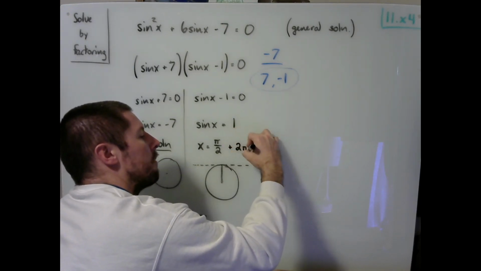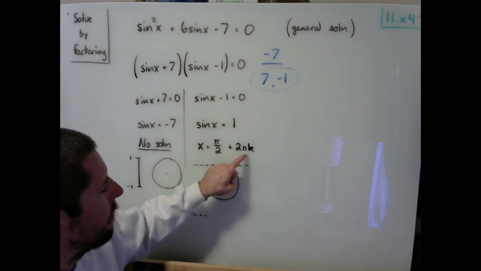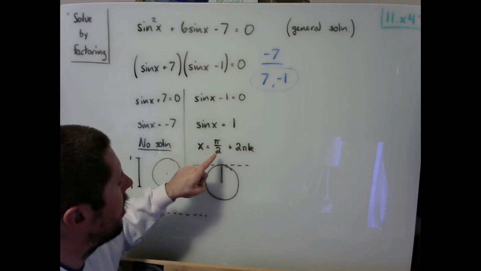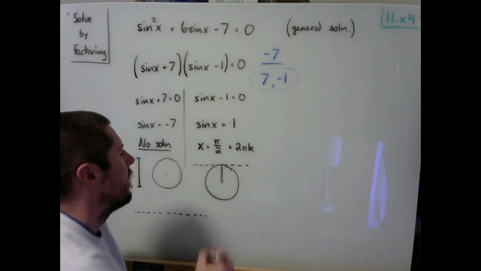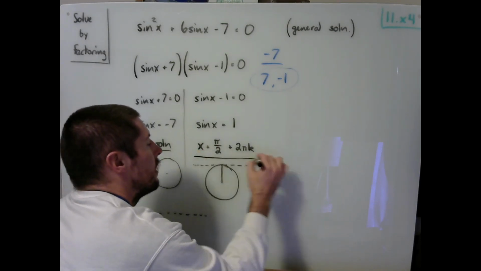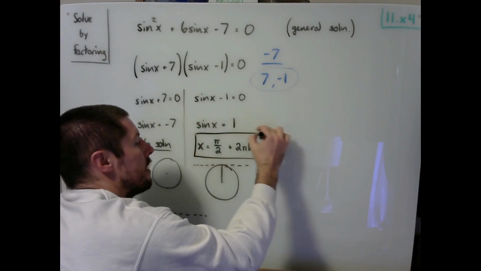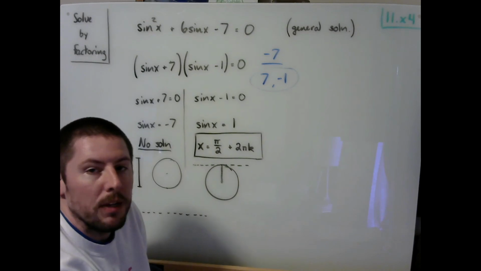We're just going to stick on a plus 2 pi k. This says, plus you can do an additional full revolution as many times as you want, as long as these are all going to land back on that angle that's coterminal with pi halves. So it looks like in this case, one of our parts of our quadratic provided us no solutions. The other part of our quadratic provided us the general solution of pi halves plus 2 pi k.